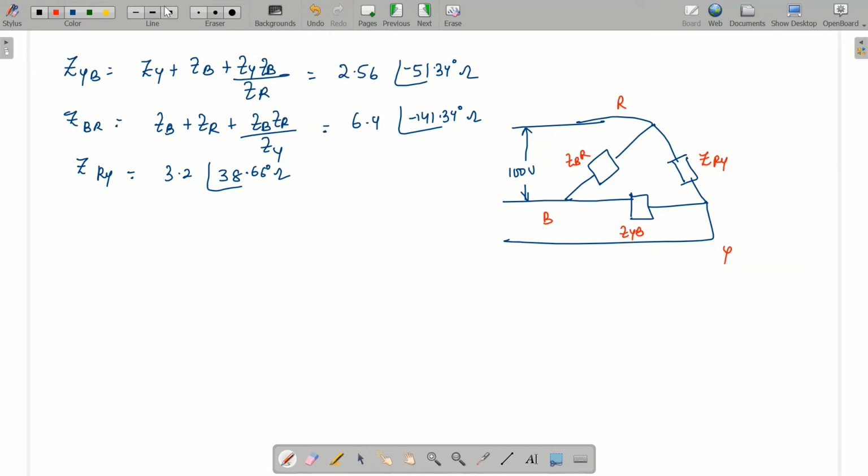Mention the currents also: IR, IY, IB, which are line currents, and the phase currents are IRY, IYB, IBR. Now let us solve the phase currents.